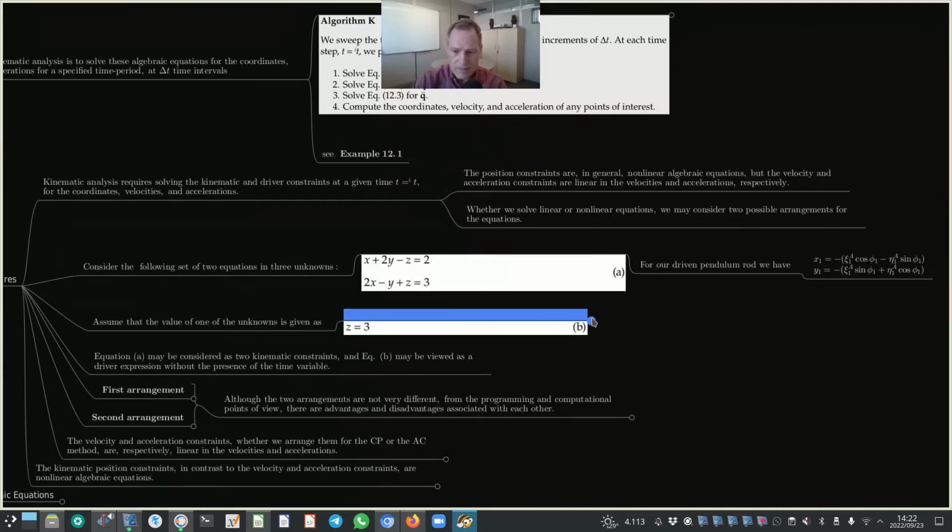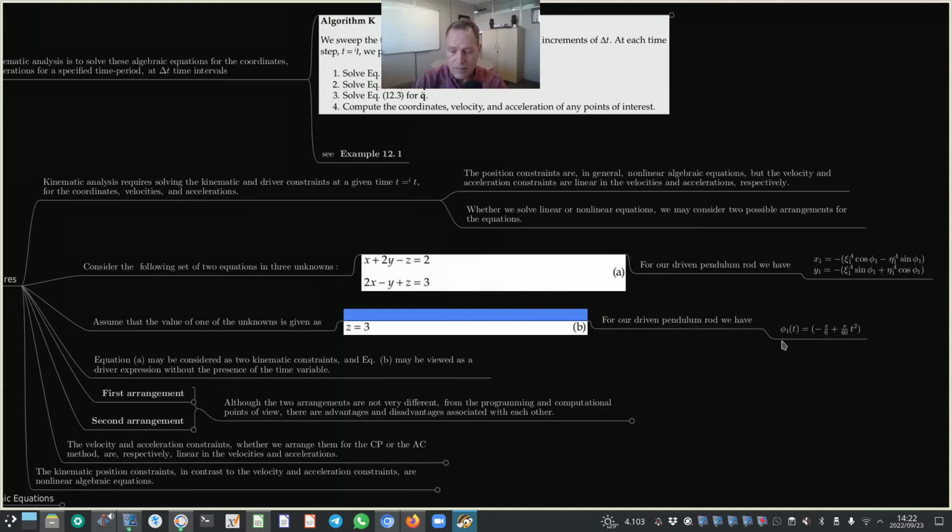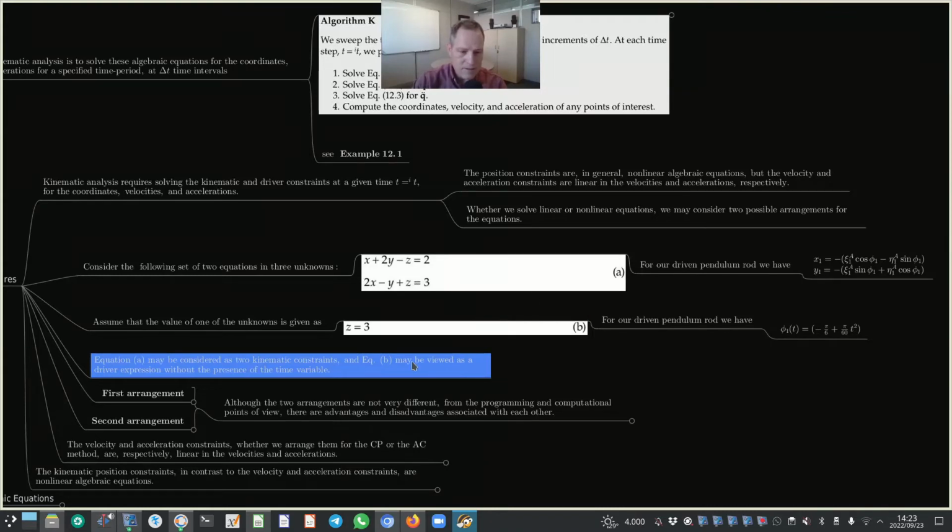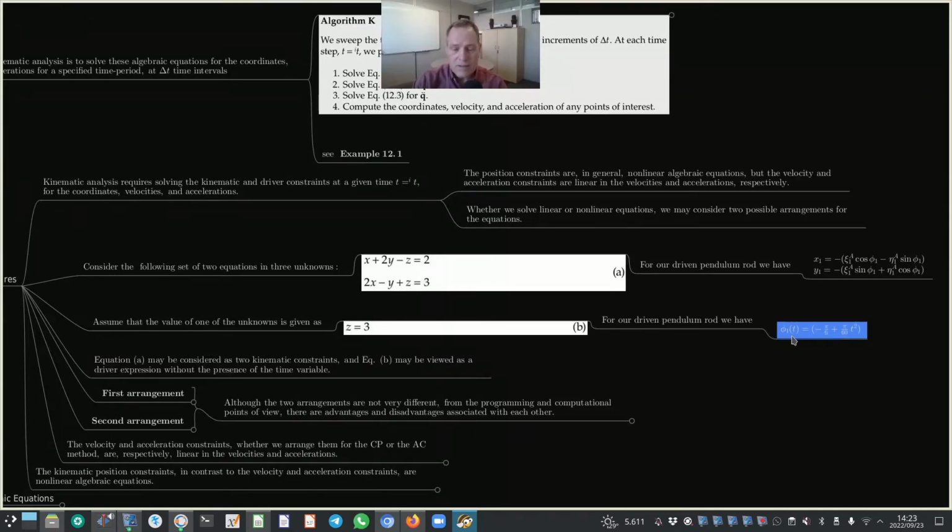For our driven pendulum rod, we've got the driver function that yields the value for phi1 as a function of t. Equation A in our illustrative example may be considered as two kinematic constraints, which is indeed the case for our driven pendulum rod. And equation B may be viewed as a driver expression without the presence of the time variable. In this case, for equation B, there is no time variable, but for the driven pendulum rod, there is indeed a time variable.